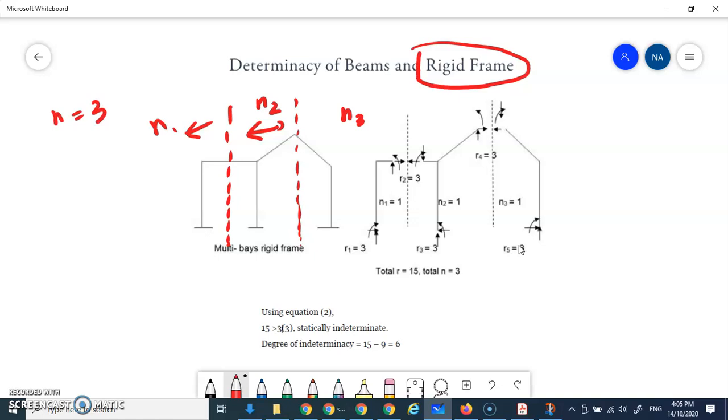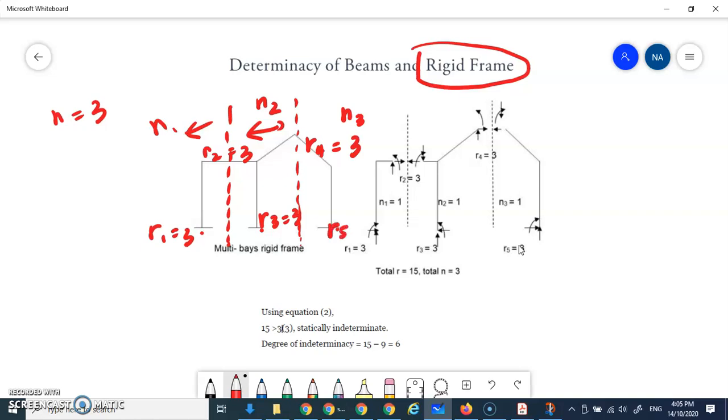Okay, so for the reaction, for the R, so this is fixed, fixed, and fixed. So if fixed, so R will become 3. So here R2 will become 3. This one R3 will become 3. R4 will become 3.